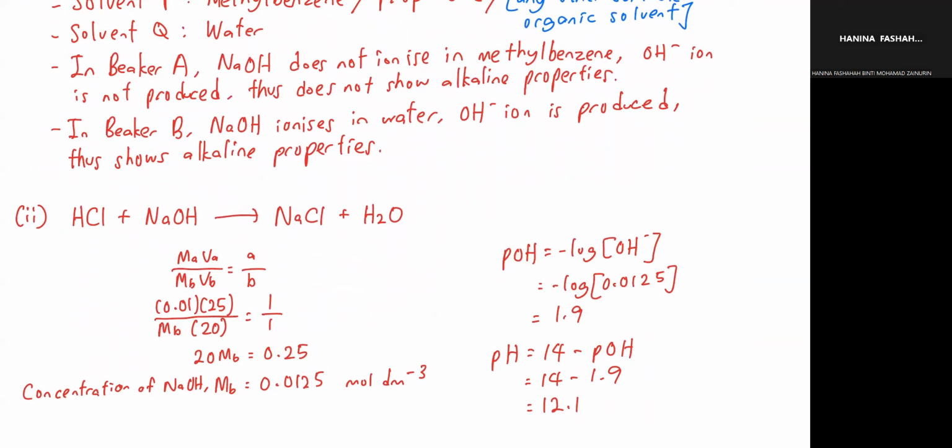When they give acidic, you use pH equals negative log H plus. When they give acid, it's easier. You can straight away calculate pH equals negative log H plus. But if it's alkaline, we have to use pOH first, and then finally you count using pH plus pOH equals 14. 3 formulas. You have to know this.